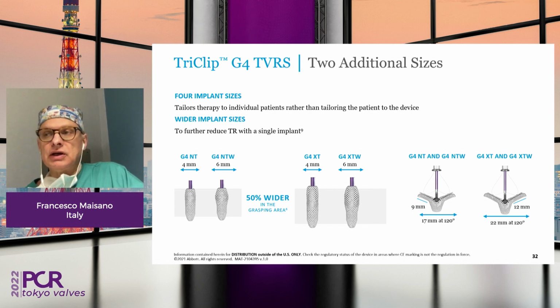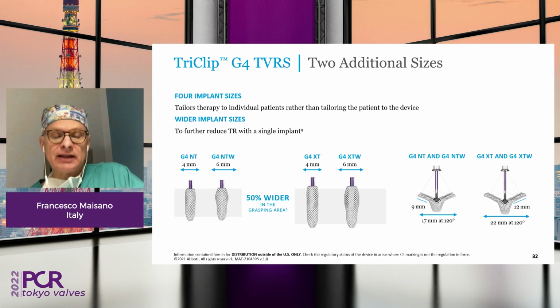But also, whenever you use longer clip arms, you like to have a wider configuration, which distributes the forces and reduces the risk of leaflet tear, provided that the tricuspid valve usually has very large anatomy, so the risk of creating a stenotic valve is pretty low in these patients.